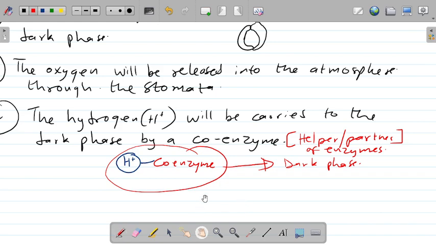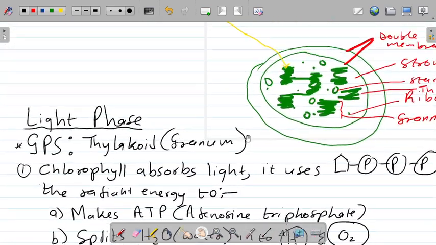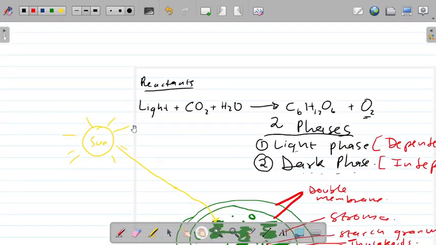Everybody with me? Good. So far, if we go back so that it can make sense, what have we used so far? We have used light. What else have we used? We have used H2O. And then what product have we formed so far? Oxygen. Are you noticing something?